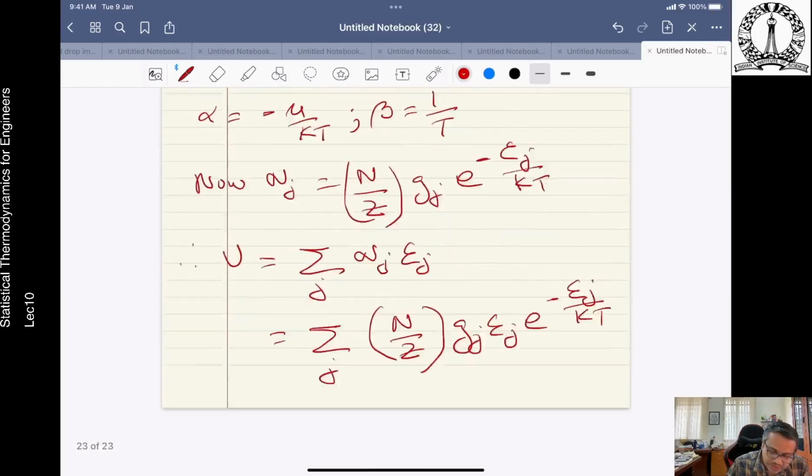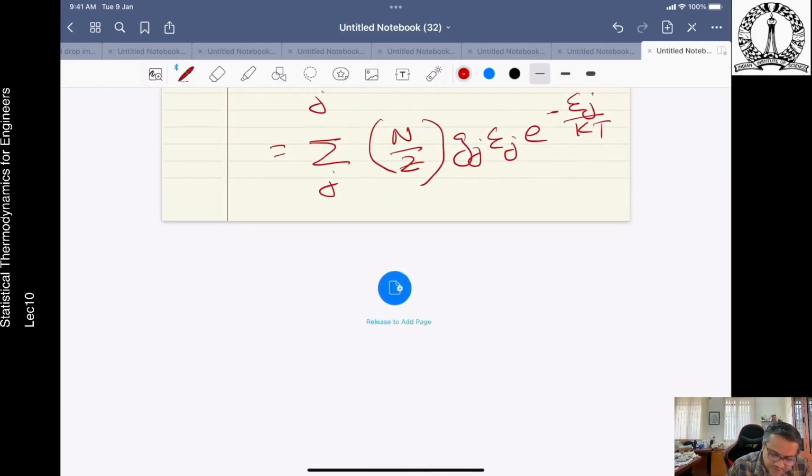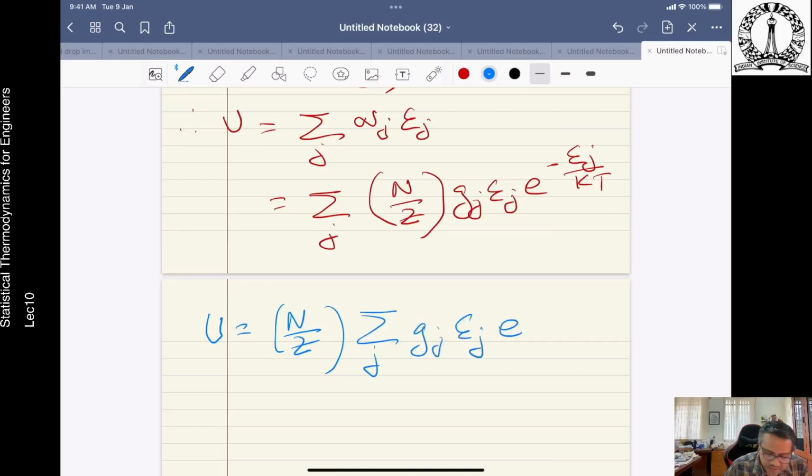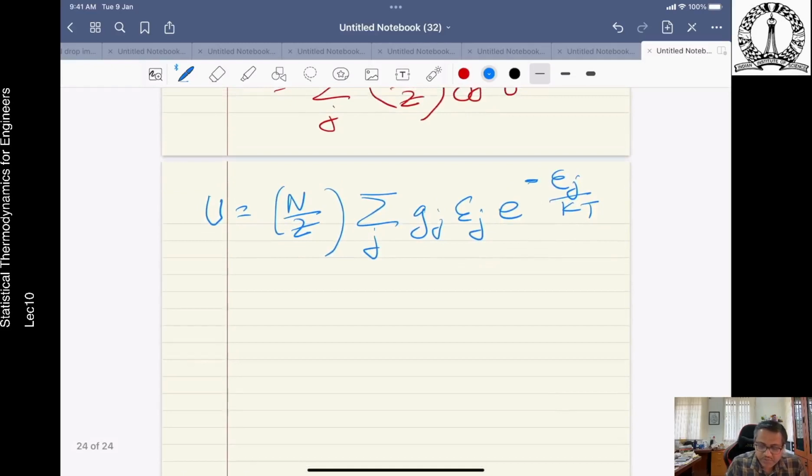In other words, U is given as N over Z times the summation over j of Gj Ej exponential minus Ej by kT. So this is U in terms of the partition function, the total number of particles, the degeneracies, the energy level values, and the temperature. This is the form of U.